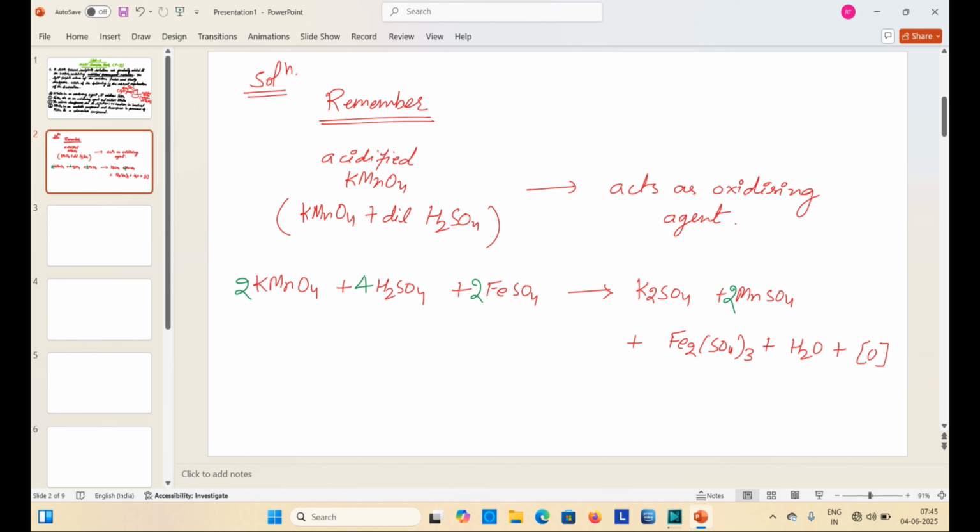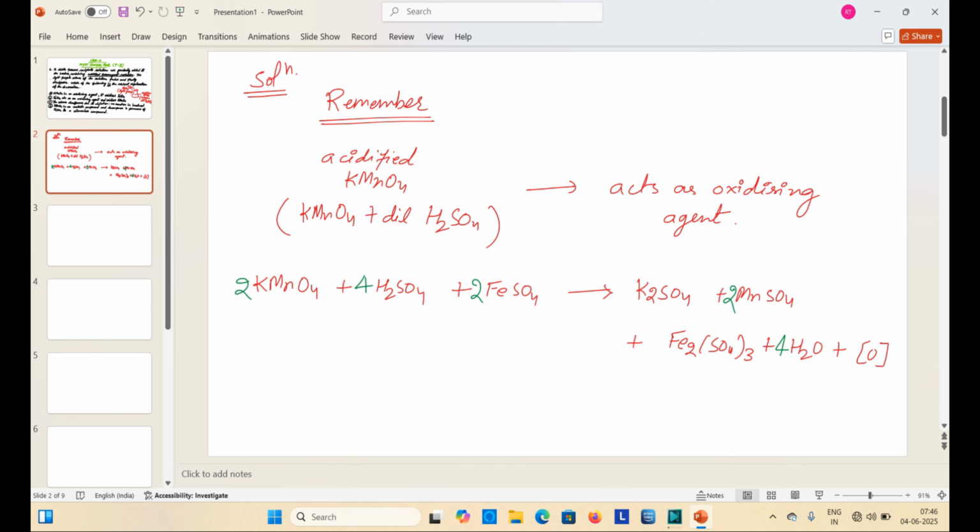Let's calculate oxygen. Oxygen is 8 and 24, 32. Here 4 is there, and 8, 12, plus 12, 24, and we have a requirement of 8. So here you will put 4 H2O.